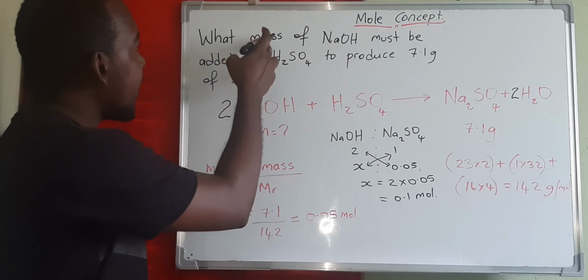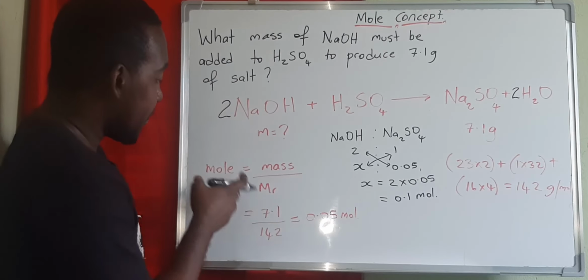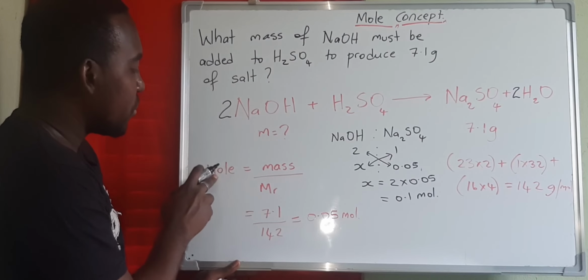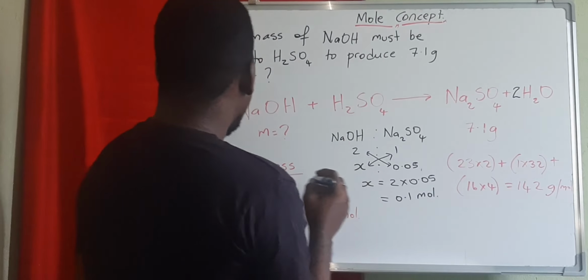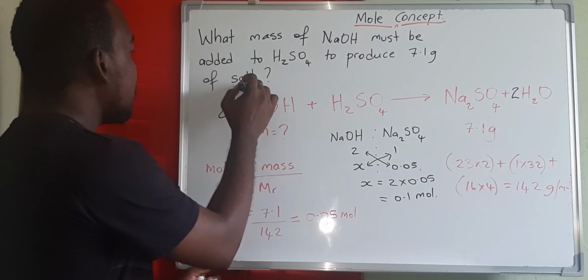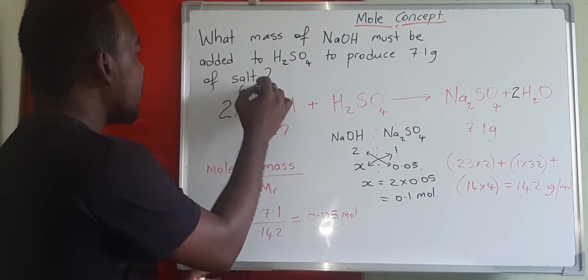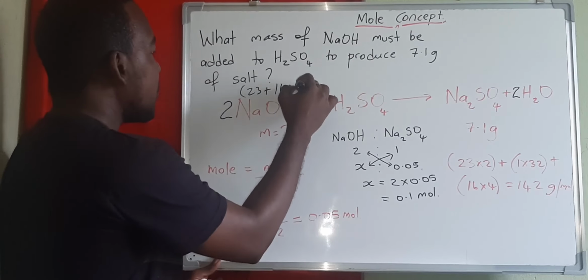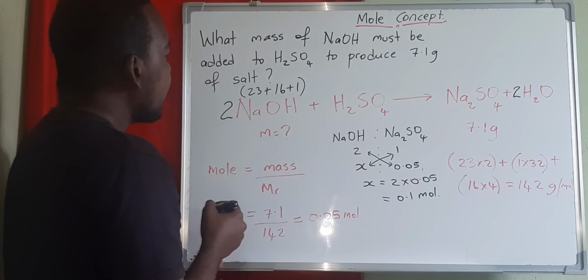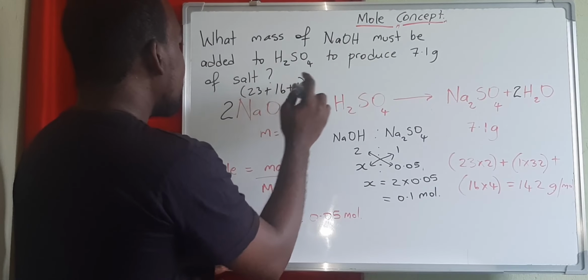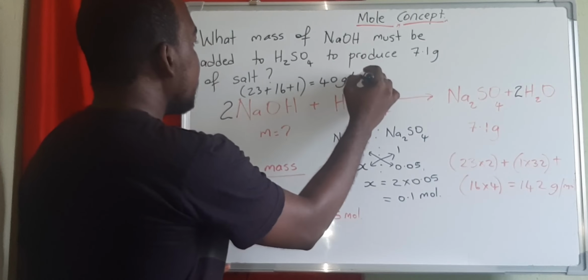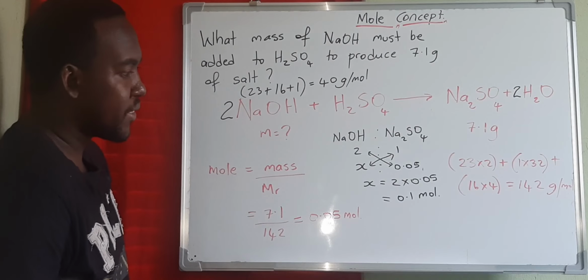But the aim is to find the mass and not the mole. So again, we'll use this equation, right? So we have the mole and we know the molar mass. So the molar mass of NaOH, for Na is 23 plus O, which is 16, plus H, which is 1, right? So that is 24 plus 16, which is 40 grams per mole. So that's our molar mass.